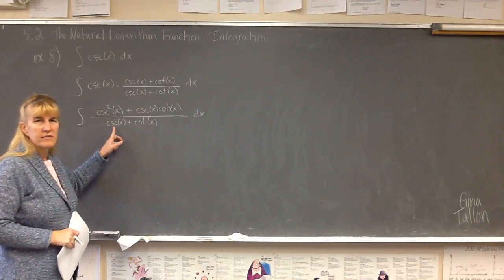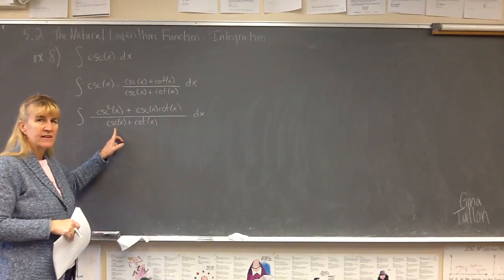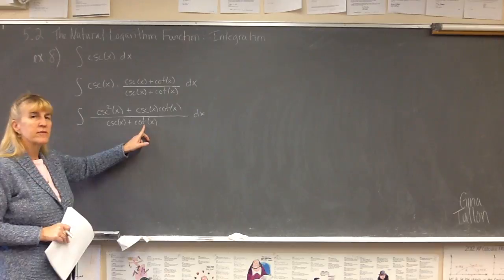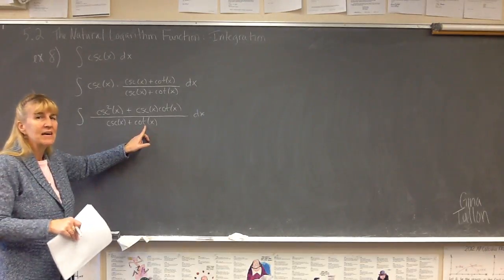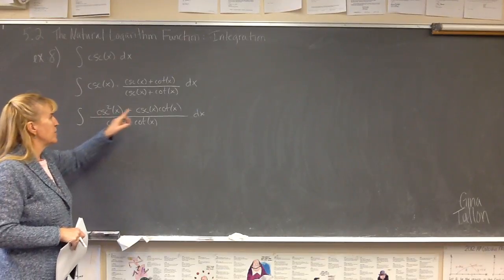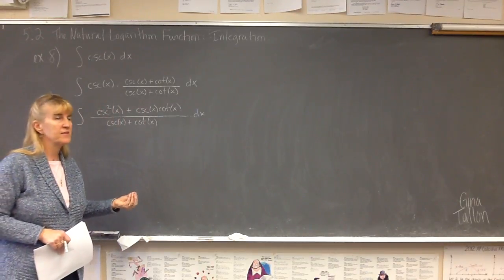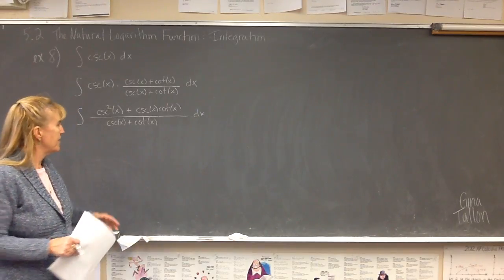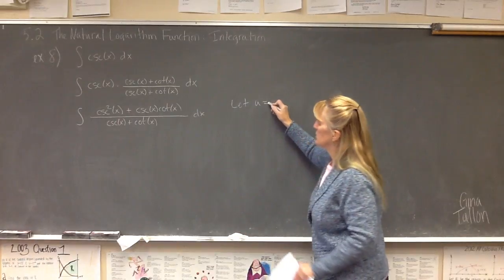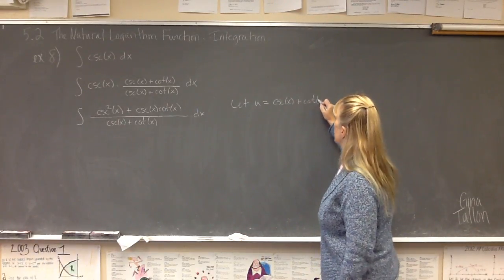What is the derivative of cosecant x? That should be negative cosecant x cotangent x, but I have a positive here. What is the derivative of cotangent x? That should be negative cosecant squared x, but I have a positive here. And since I'm off by both negatives, I will be off by one common negative symbol, so I am off by a common factor. So I'm going to go to the side, and I'm going to say let u equal cosecant of x plus cotangent of x.